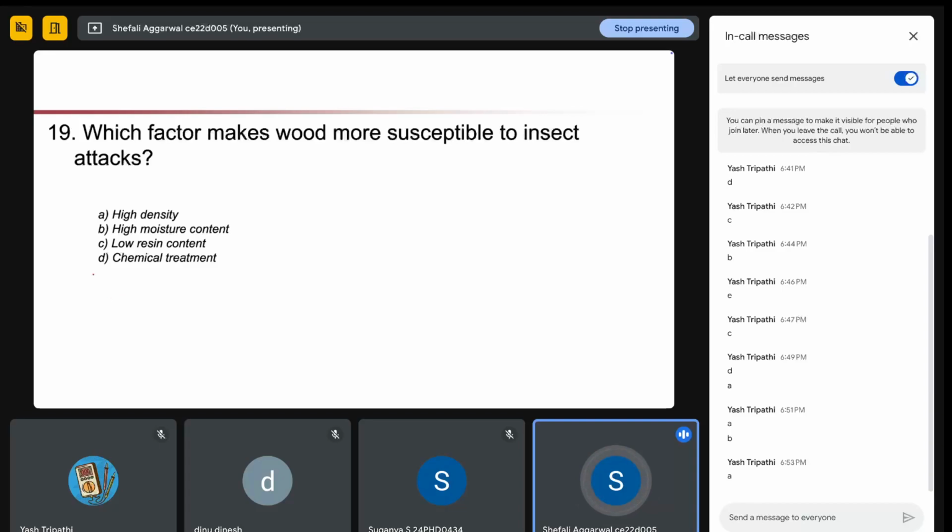As we have talked since the start of the lecture, if we have a higher moisture content, the maximum type of failure will happen in wood because of high moisture content. So if you have high moisture content, your wood will be more susceptible to insect attack.